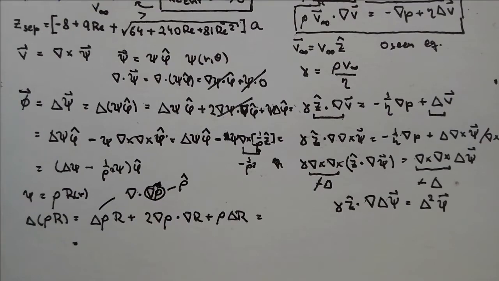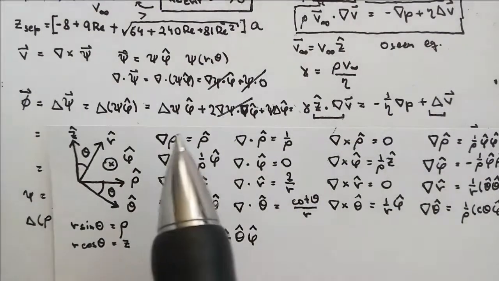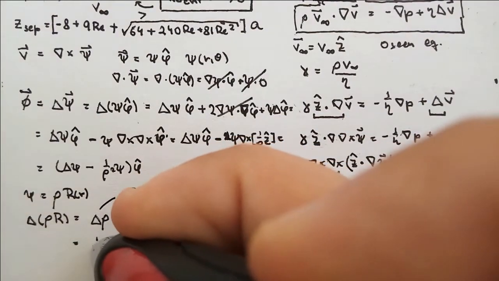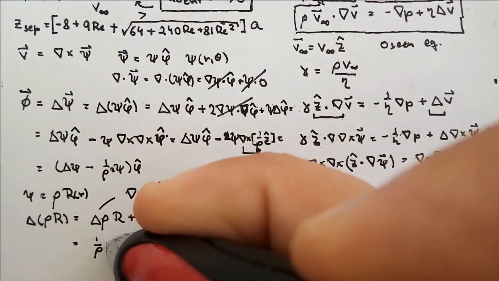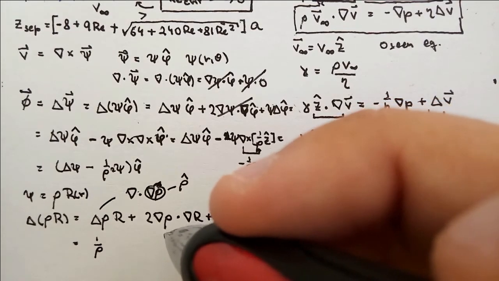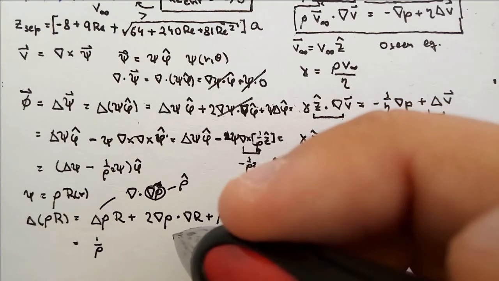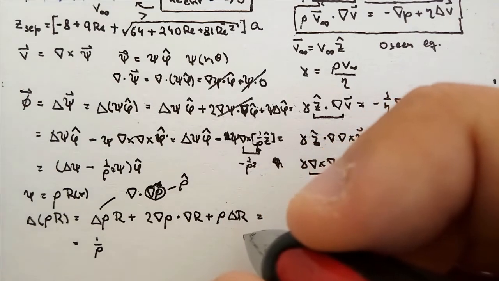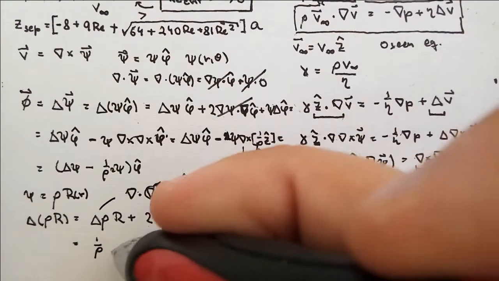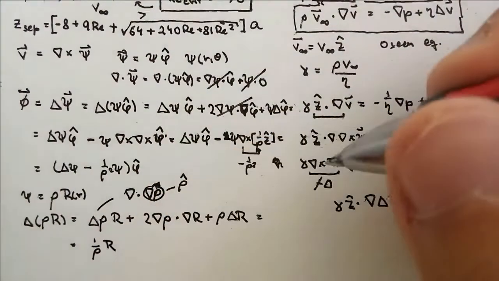Oh, that's very easy because divergence of rho hat is 1 over rho, so it's 1 over rho times r, which is just r.